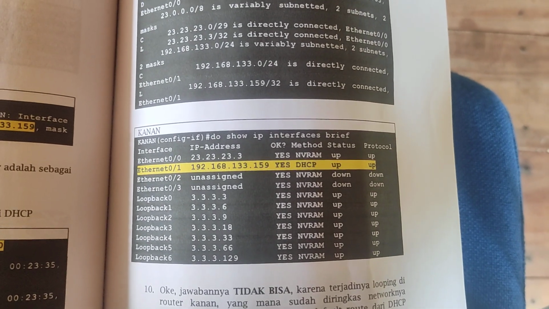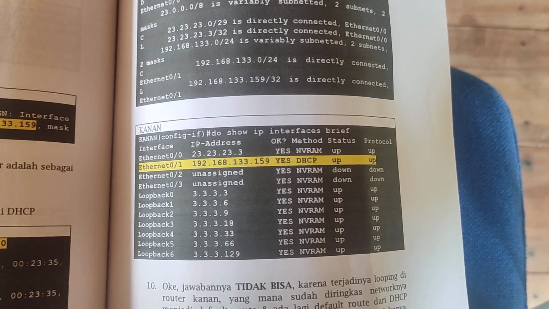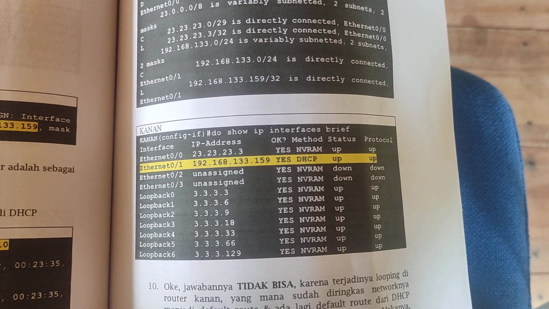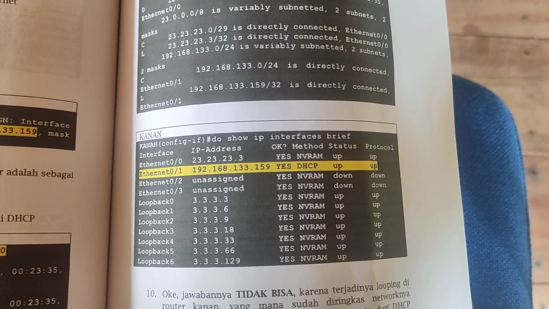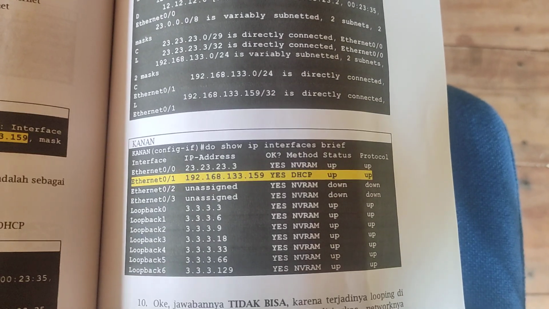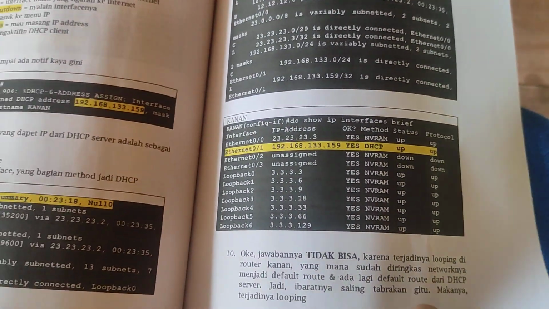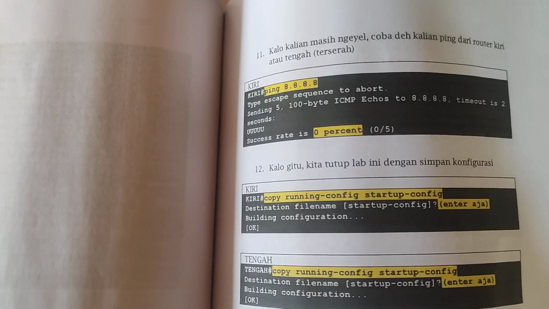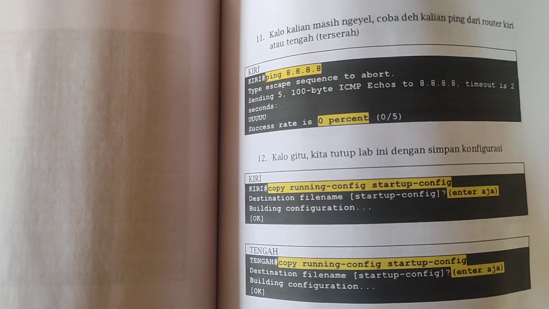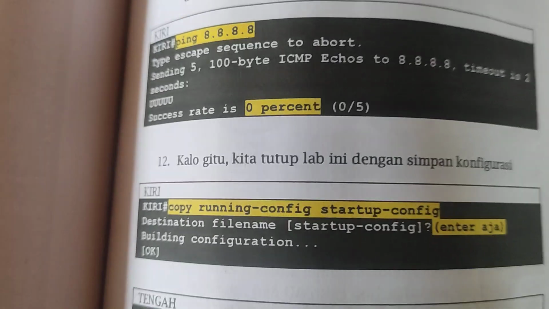There is Ethernet 0/1 with 192.168.133.159 from DHCP. Yeah, and then you can ping again, ping 8.8.8.8, and then it cannot ping.